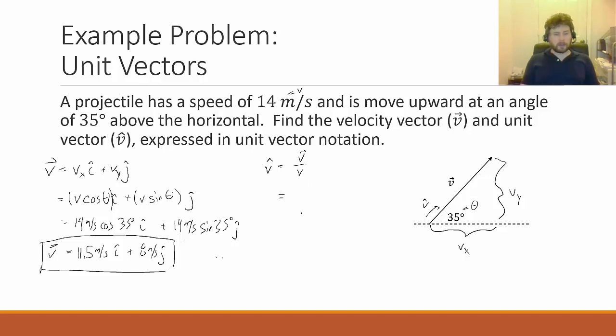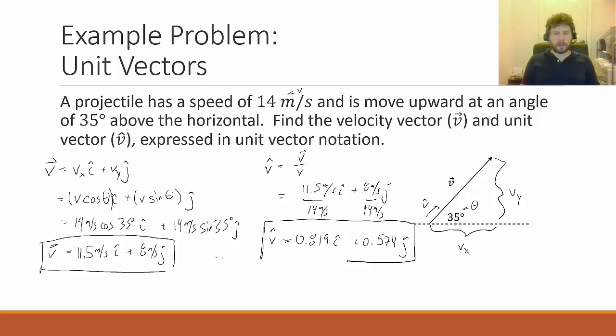I just take my original vector, 11.5 meters per second i hat plus 8 meters per second j hat, and the magnitude is 14 meters per second. And then when I just do that division, I get 0.819 i hat plus 0.574 j hat.